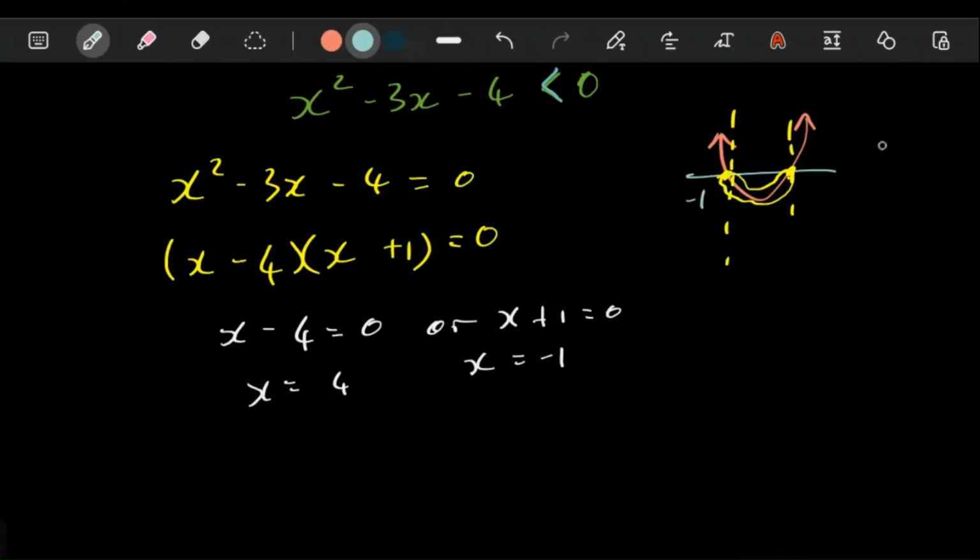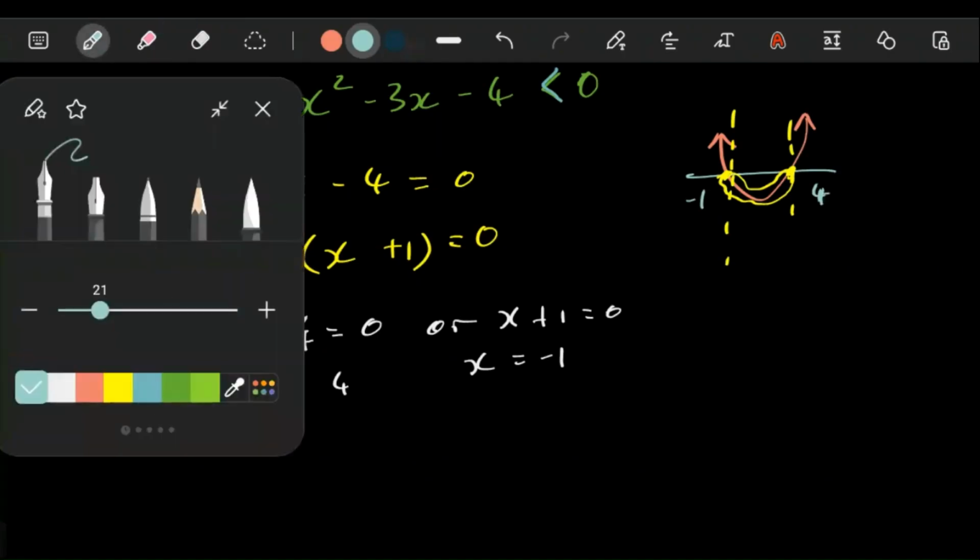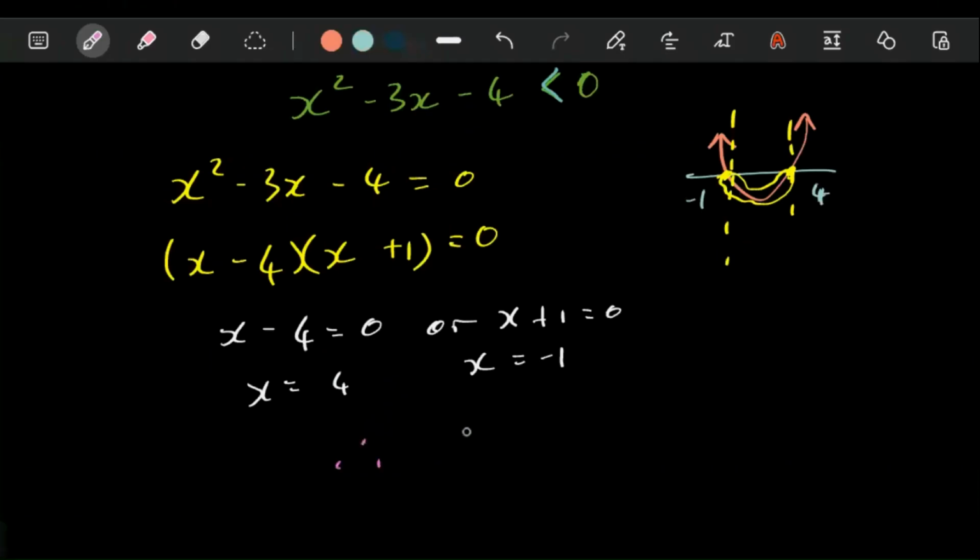On the far right, you have an x value of positive 4. So now as a conclusion, you can say the following. You can say, therefore, your x values are between -1 and 4, right? So you can say your x values are bigger than -1, but then those same x values are smaller than 4.